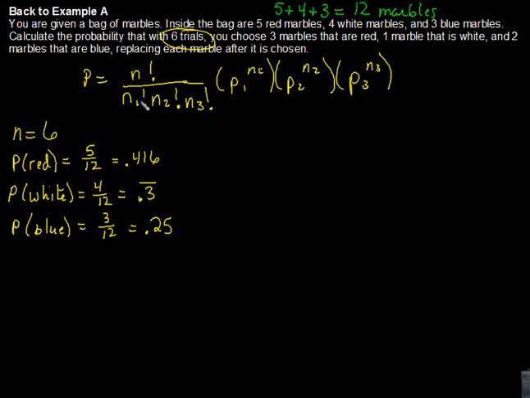Now my n subs, I want 3 red marbles. That's n1 because my probability of my red, white, and blue, I'm going to do red, white, and blue here too. So n1 is 3, n2 is 1, and n3 is 2.